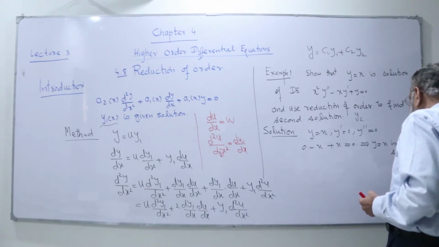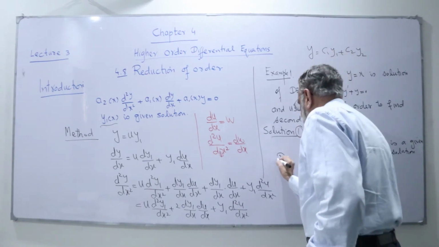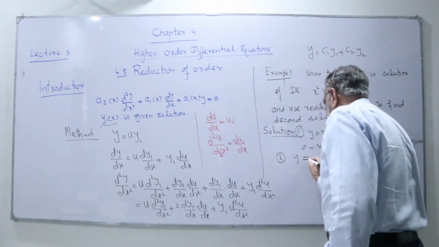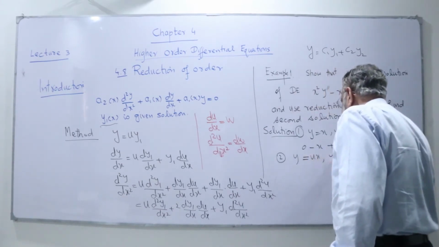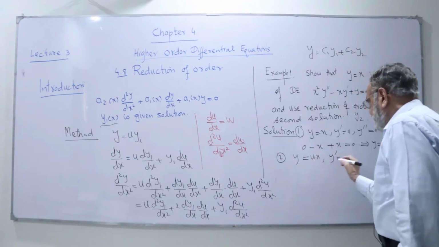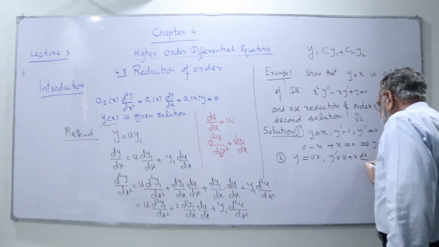This is my y1. That was step 1. In step 2, I take y equal to u y1, where my u is the new function and my y1 is x. My y dash is the derivative of the first function times the second, which gives u plus x du by dx.